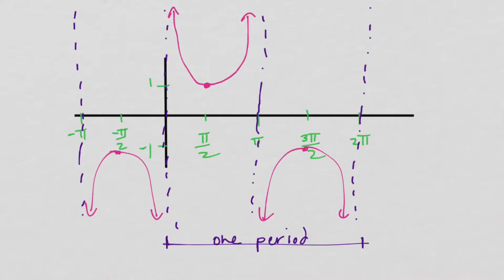So what's cool about these, though, is that if you know your sine and cosine, coming up with secant and cosecant, as long as you know which one is the reciprocal of the other, you can actually come up with the graph. So we said cosecant was the reciprocal of the sine function. Well, I could sketch in the sine function here in blue, and notice everywhere it was 0 I have an asymptote, and then wherever I had a max or min on my sine is where my max or min is for my cosecant.